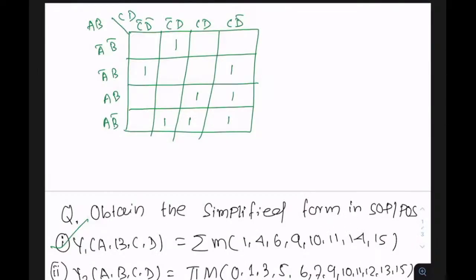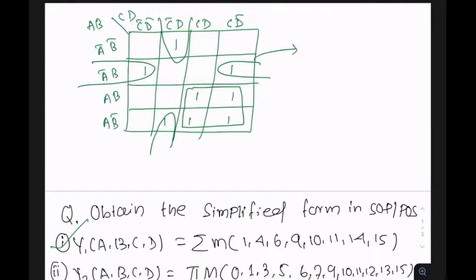If I try to see how many groups are possible, I have one quad possible here, very clearly visible. Then how do I cover the rest of the min terms? I can have a pair like this, and a pair like this. That's all. If I ask you what expression corresponds to this, it is A bar B, from the row, and from the column you get D bar: A bar B D bar.